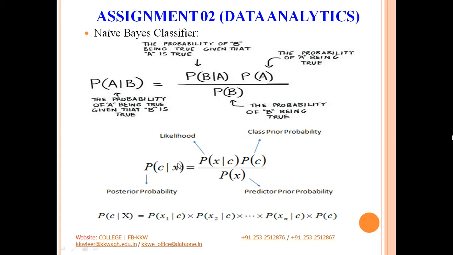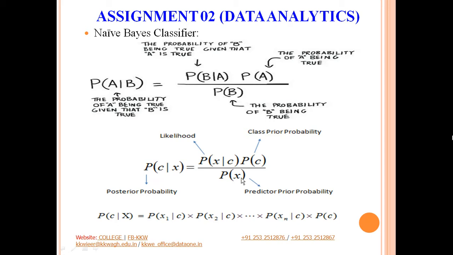In our case X will not be a single variable but multiple variables, because we will have multiple features in our data set. So if you put the same formula here, it will be P of C given X is equal to P of X given C into P of C divided by P of X.